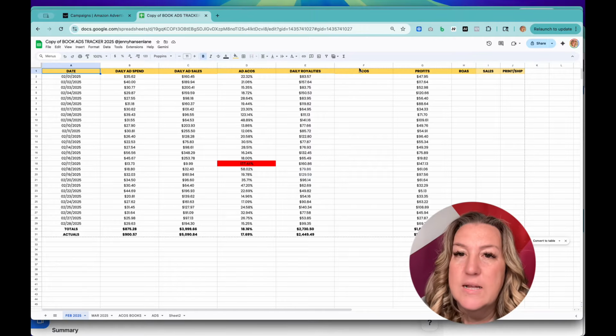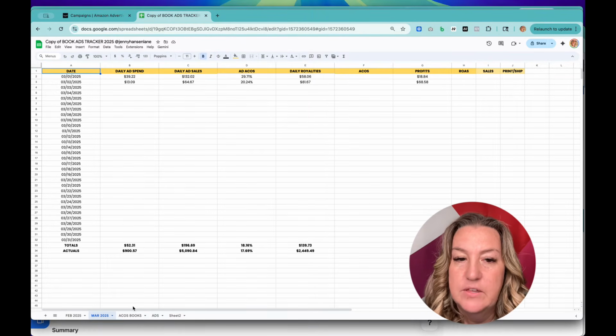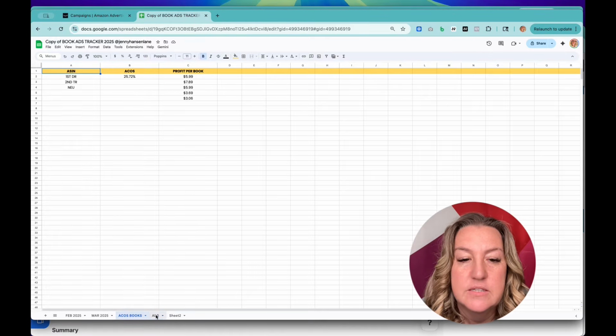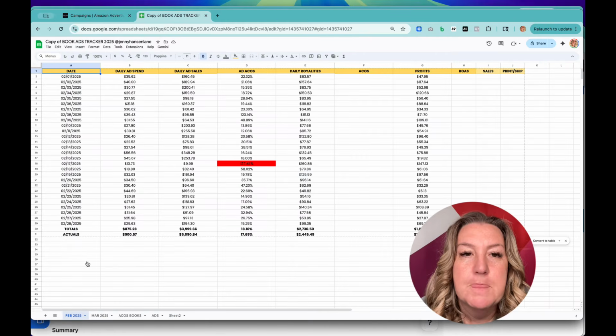I've been tracking this whole past year, and this is just a sample because you're going to be able to go in, fill it in yourself, change the dates and all these different things, and add more to it. The best way to know about your ads is to put in the daily ad spend.